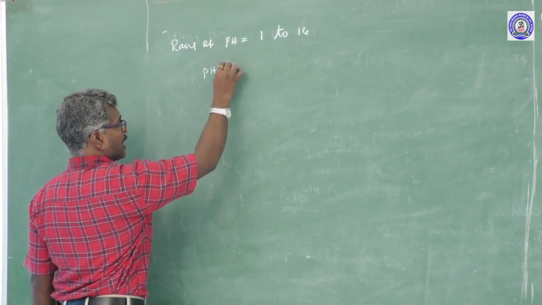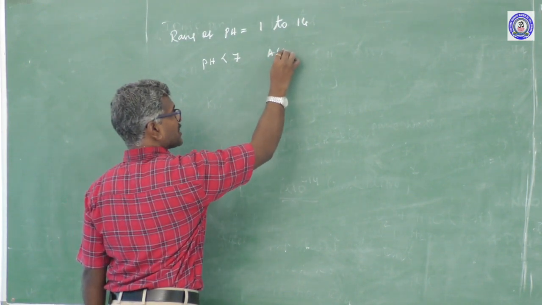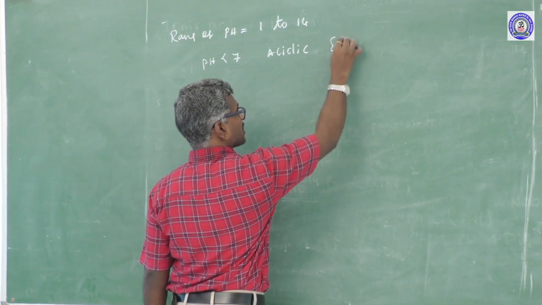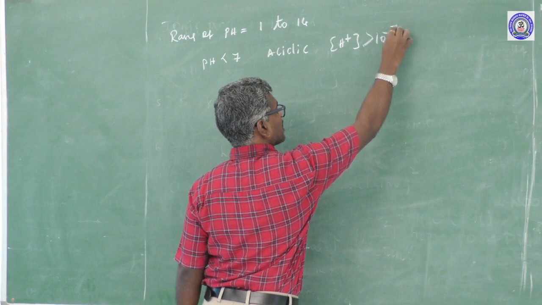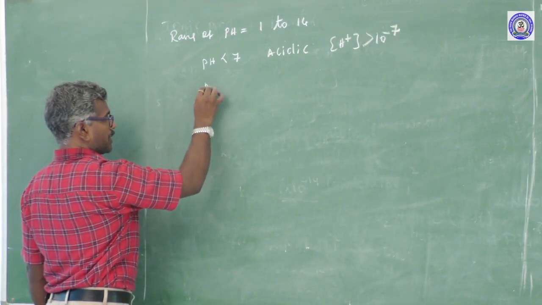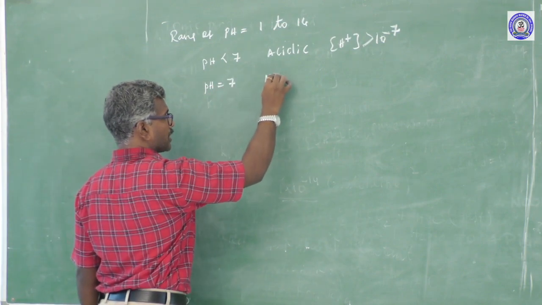pH less than 7, the solution is acidic. Here the concentration of H plus is greater than 10 power minus 7. pH equal to 7, neutral.